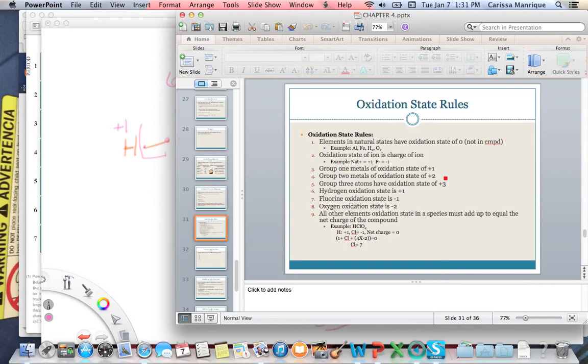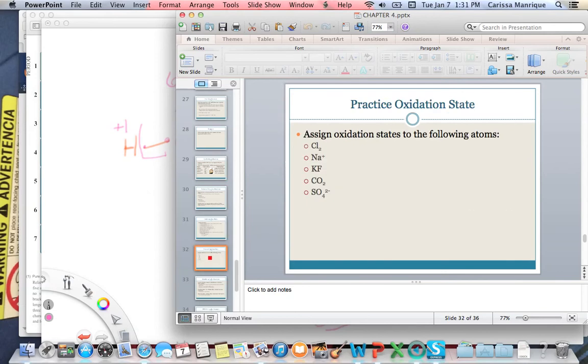Group 2 metals will have a plus 2. Group 3 will have a plus 3. Hydrogen will have a plus 1, sometimes a negative 1. Fluorine will have a minus 1, and oxygen will have a minus 2. Based on that, we can solve for everything else, like we did with chlorine. The next one will be from Khan Academy, and he's going to go over more examples of these.